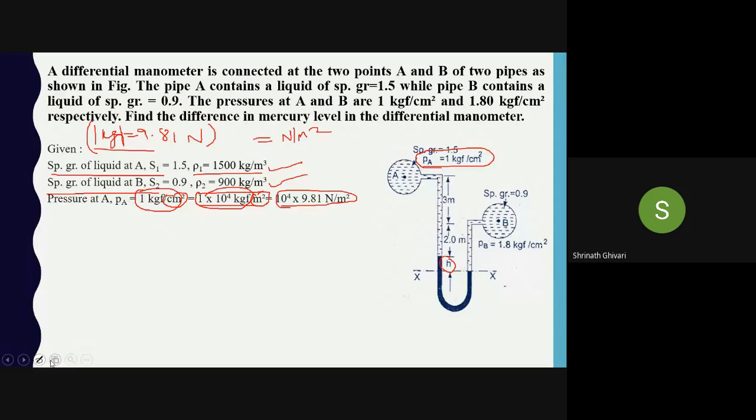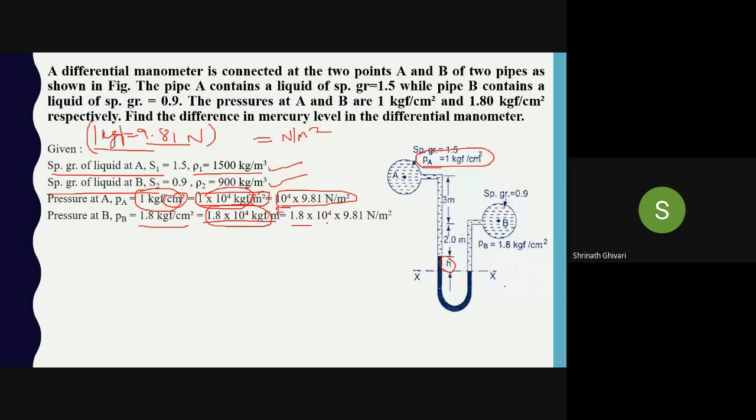Next is pressure at B. What is the pressure at B? 1.8 kgf per centimeter square. So you have to convert that into kgf per meter square. So 1.8 into 10 raised to 4 kgf per meter square. If you want to convert this into Newton, multiply it with 9.81.